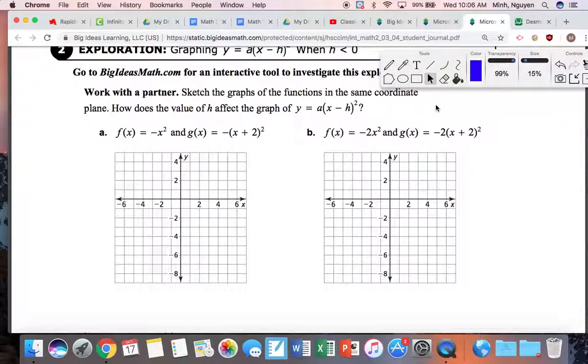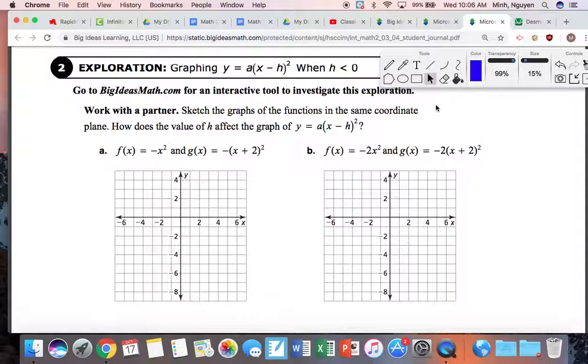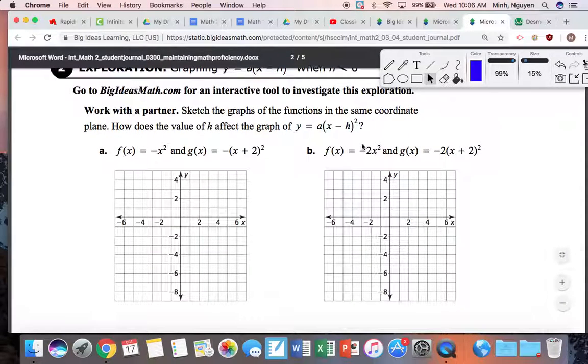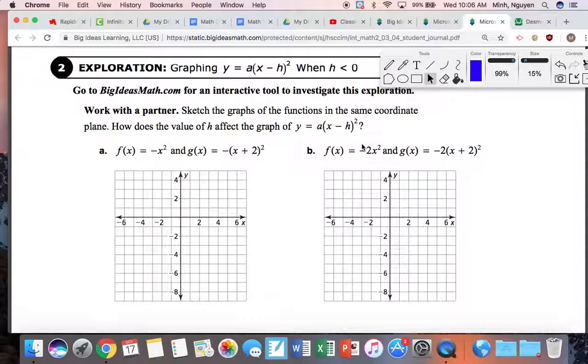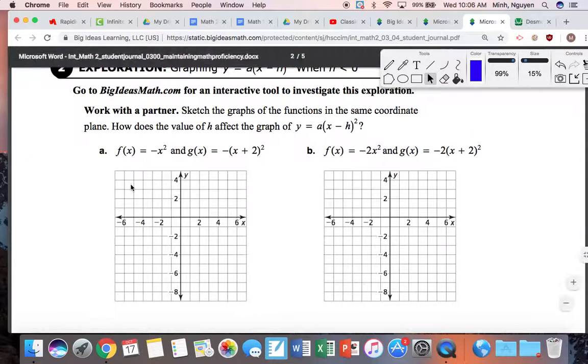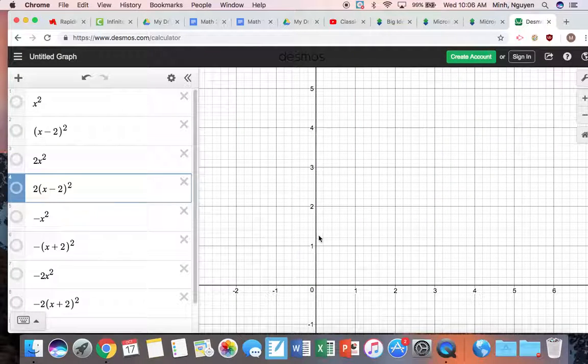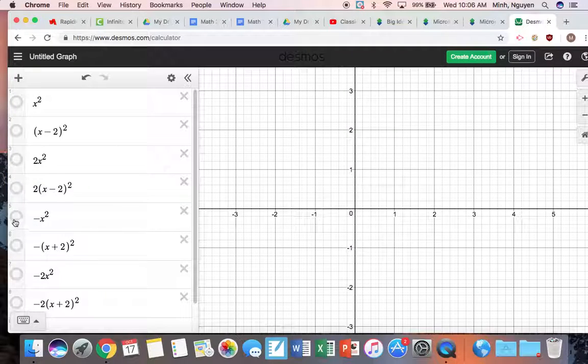In this next one, we see negative x squared and negative x plus 2. So the last one was minus 2, made it move to the right. So what do you guys think? We have this minus sign, then we have a plus sign, plus 2. So let's see. We have negative x squared, which will be facing what direction?